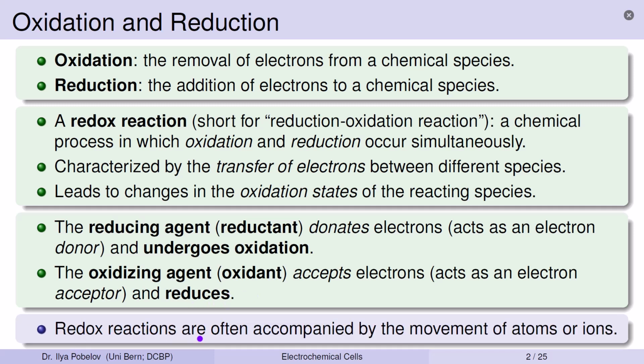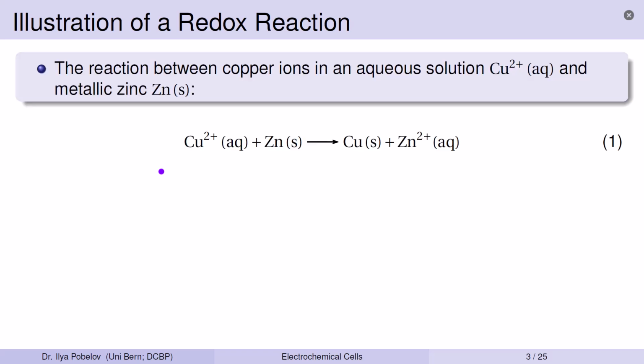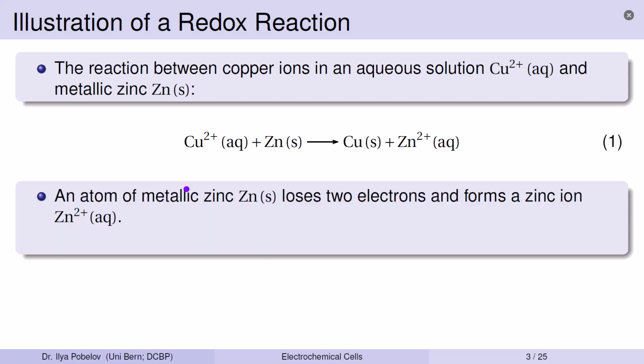Redox reactions are often accompanied by the movement of atoms or ions. To illustrate the definitions of oxidation and reduction, let's consider the reaction between copper ions in an aqueous solution and metallic zinc. An atom of metallic zinc loses 2 electrons and forms a zinc ion.